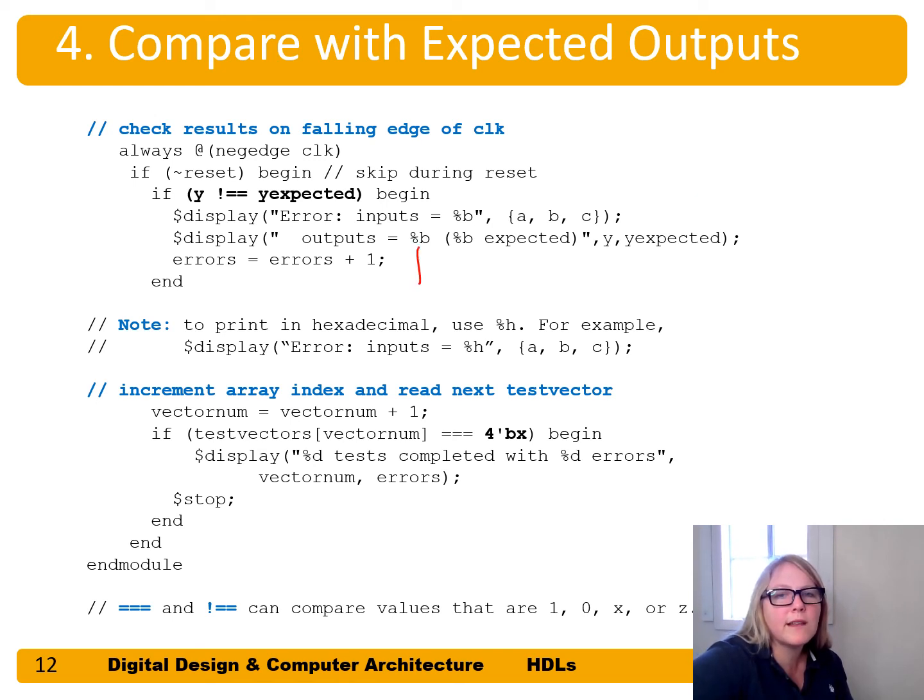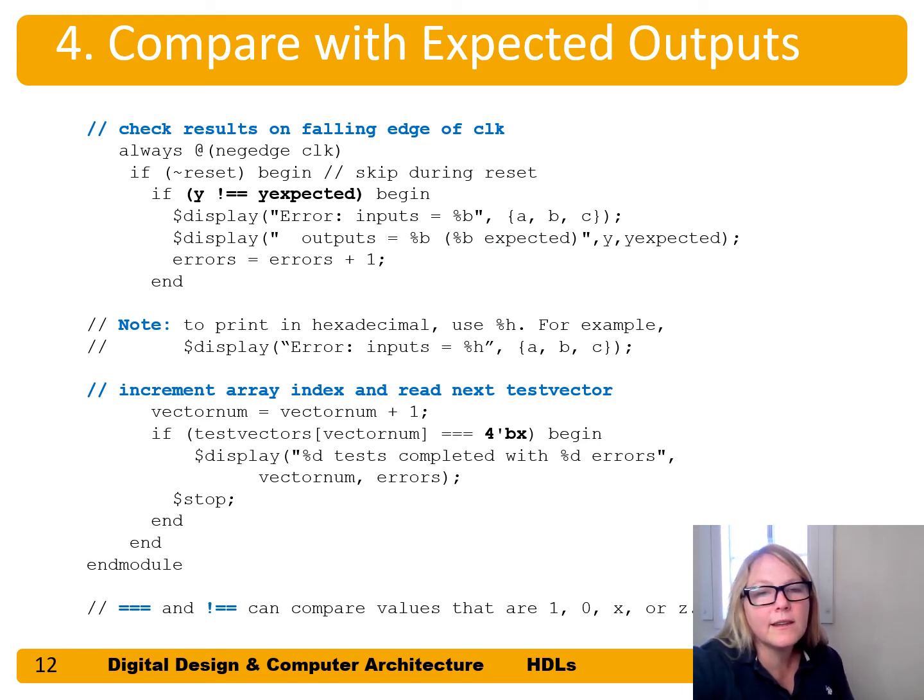We have a %b that says print it in binary. It's that first argument after the quotes, and the next argument corresponds to the y expected. And we increment this bookkeeping value errors. So errors equals errors plus 1.